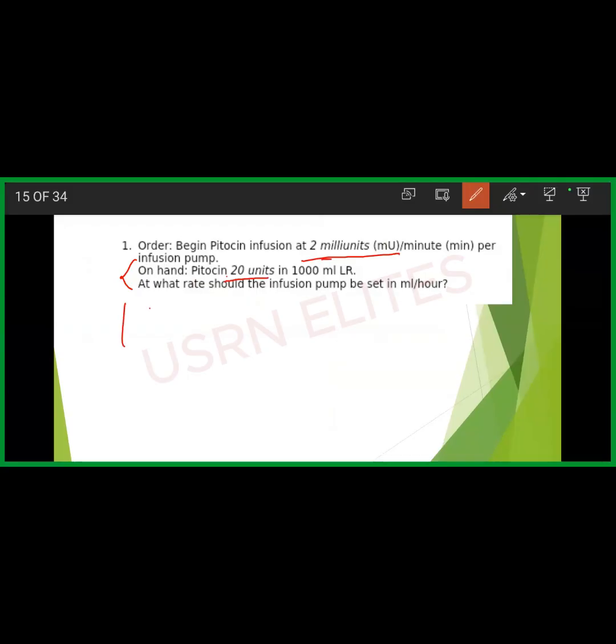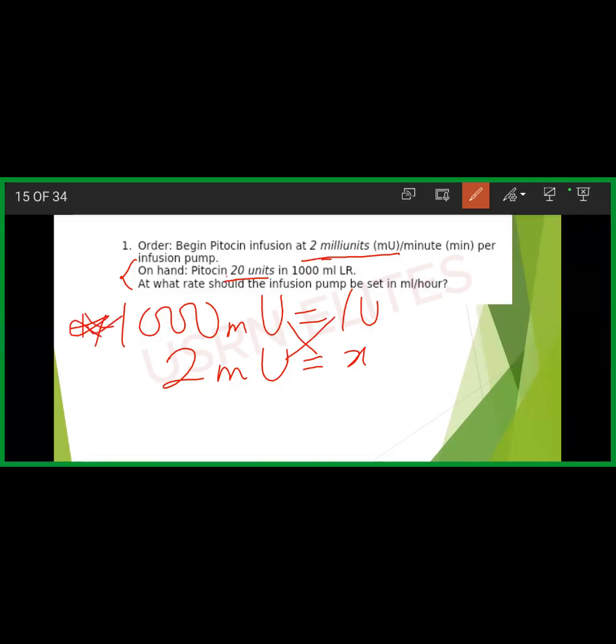So if 1,000 milliunits is giving us 1 unit, 2 milliunits will give us how many units? Take note of this first point. If you are converting from milliunits to units, you divide by 1,000.